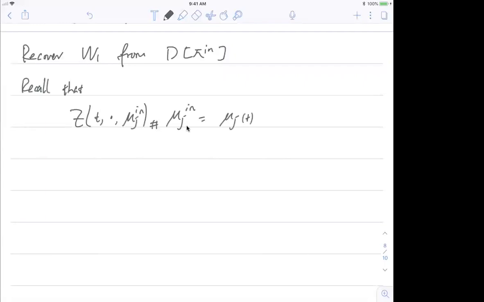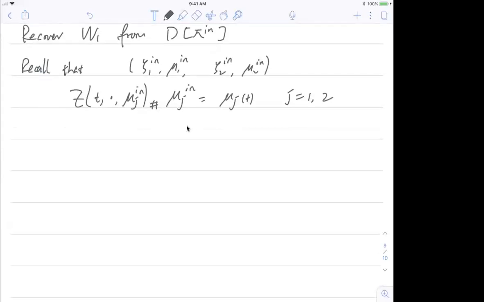Since we have two choices, i equals 1 or 2, this is mu1 initial and mu2 initial. This gives us the first characteristic, and this gives us the second characteristic. And what we are doing now is just comparing these two flows.